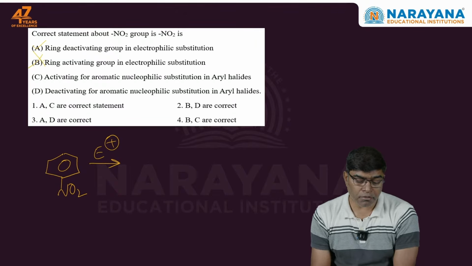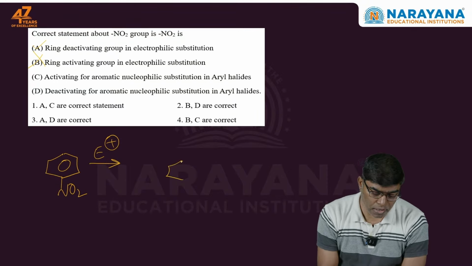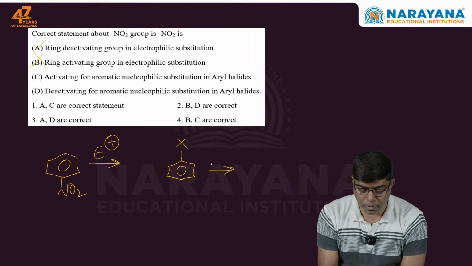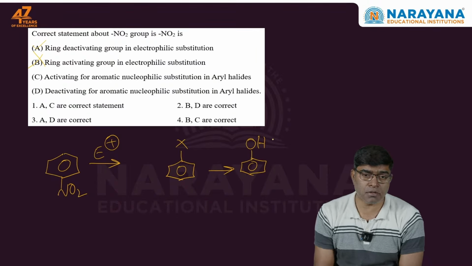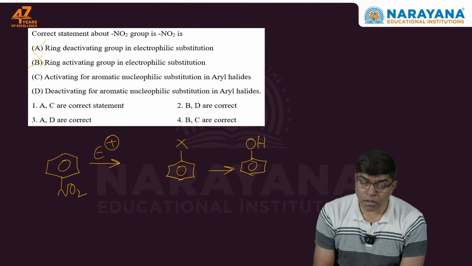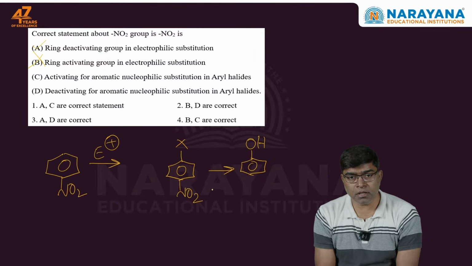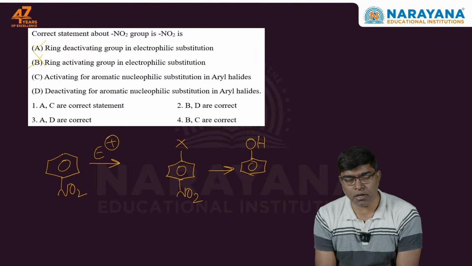And activating for aromatic nucleophilic substitution in aryl halides. Now, aryl halides means if there is any halogen, and we know very well if we have to convert this into, let's say, phenol, it has to be treated with very harsh conditions like high temperature and pressure, fused NaOH. But if you bring in one NO2 into this, the reaction can be done at around a temperature of 180 degrees Celsius with normal atmospheric pressure.